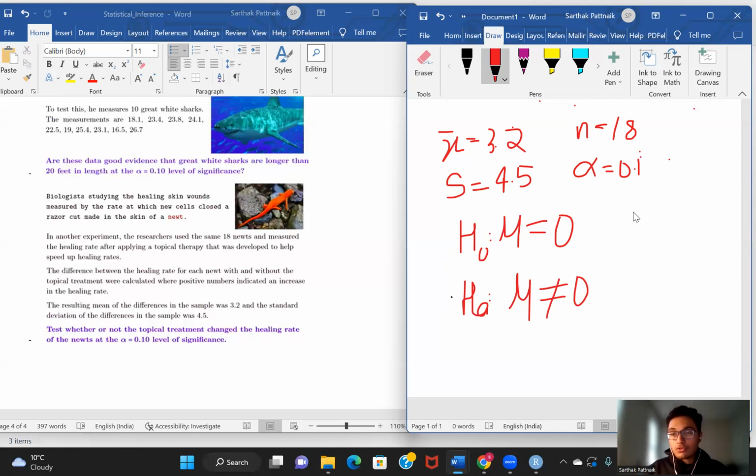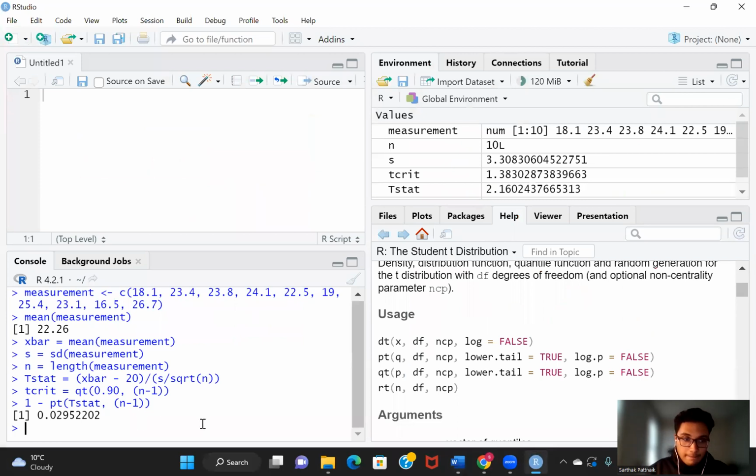So we need to go ahead and do the rest of our calculations. So my confidence level is again 0.9. First, let me calculate my t statistic value and t critical value. I'll say this is t stat 1. I'll assign this variable that.